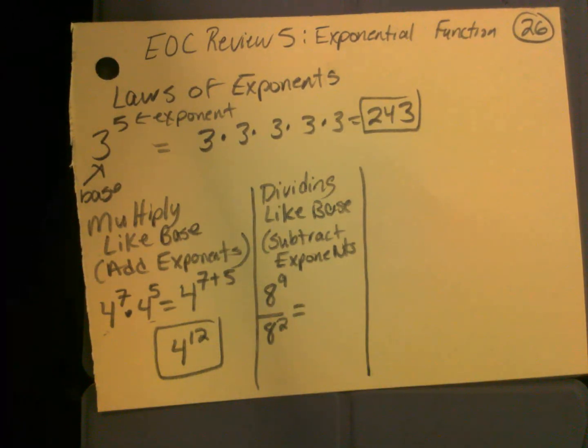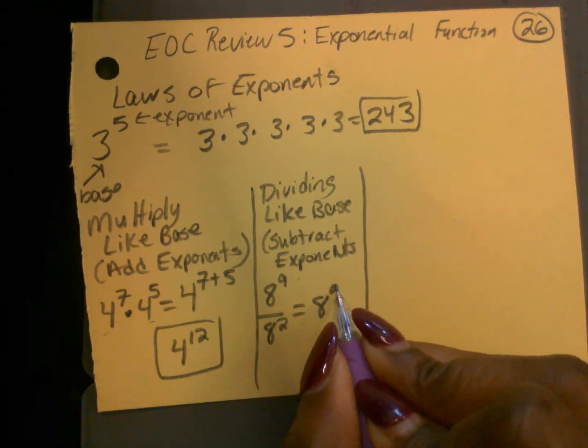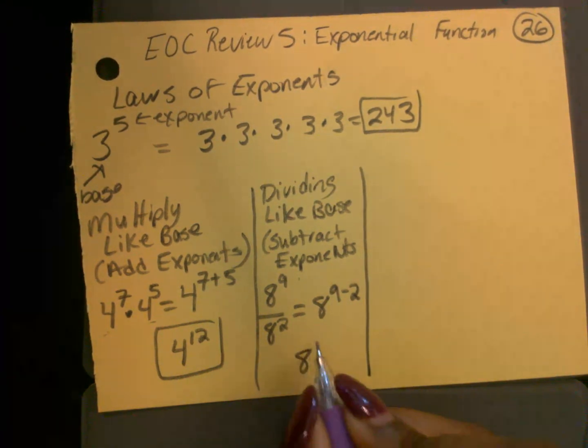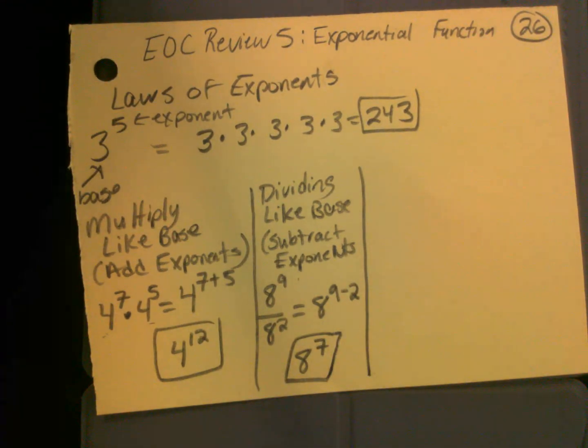When you do this, it's top exponent minus bottom exponent. So that's 9 minus 2. What's 9 minus 2? So this is going to be 8 to the 7th power. I'll pause for the calls and give you a chance to catch up. Anybody still writing? Let me know when you finish.